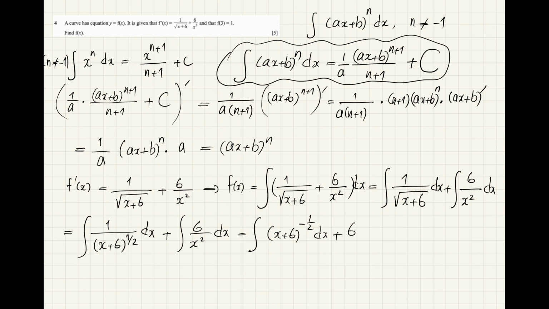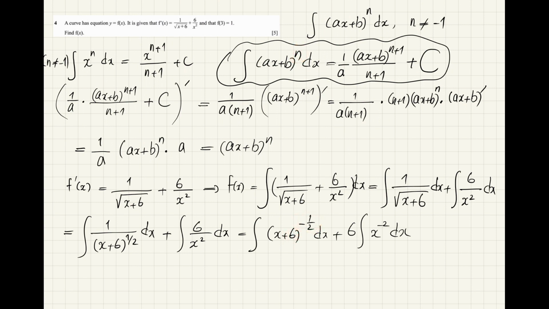I can pull it out from the integral, and then I have x to the power of minus 2 dx. Okay? For this integral, I want to use this formula. Okay, so here a is 1 in this case, and b is 6, and n is minus 1/2.